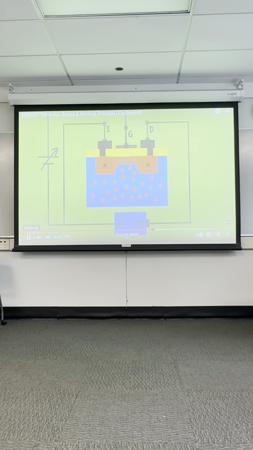So at this point, the drain is connected to a positive voltage, the source is connected to negative, and then a battery is brought in and connected between the gate and the source or ground right here. So when that happens, these elements that are floating around in the P-type substrate start moving up below the gate as we increase this voltage between the gate and the source.